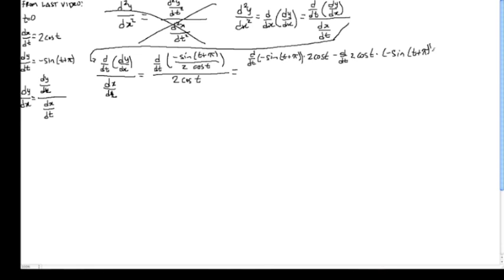I'm sorry, there's a delay, so my writing looks bad. Okay, so that's that whole thing over the bottom squared. So it's going to be 2 cos t all squared. And it's all over 2 cos t.